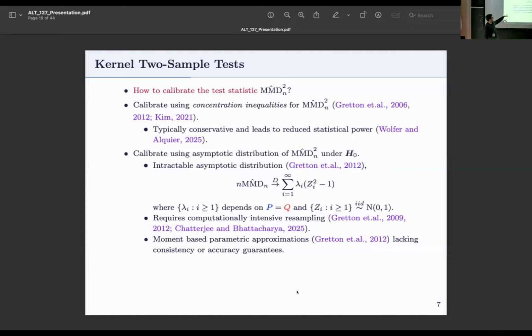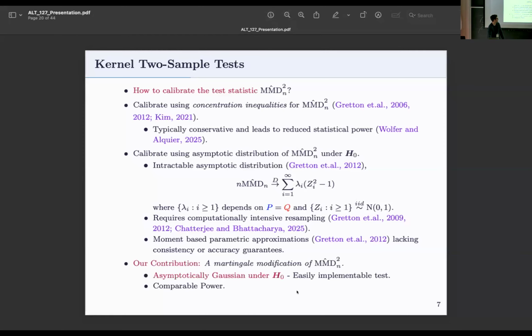So in order to know when to reject the test based on this asymptotic distribution, we need a lot of intensive resampling. And in particular, alternatives like moment-based parametric approximations lack consistency or accuracy guarantees.